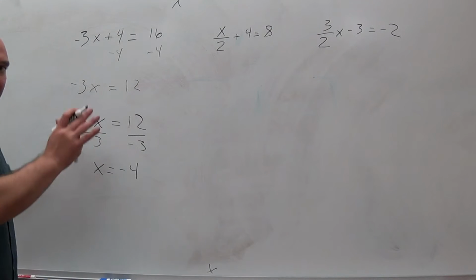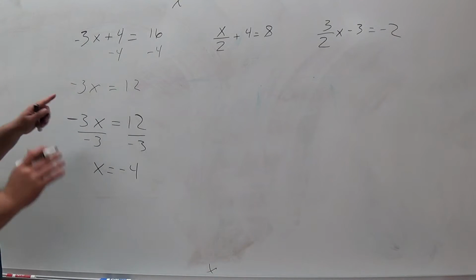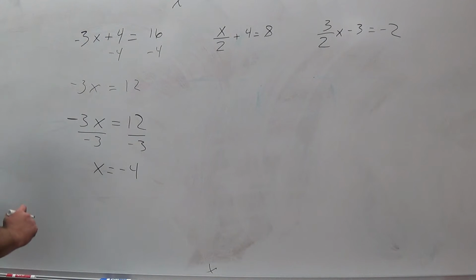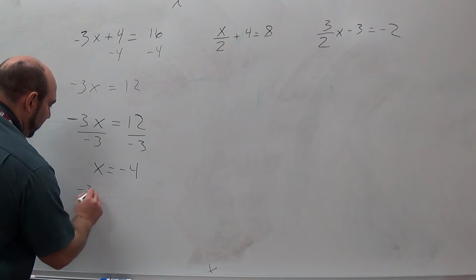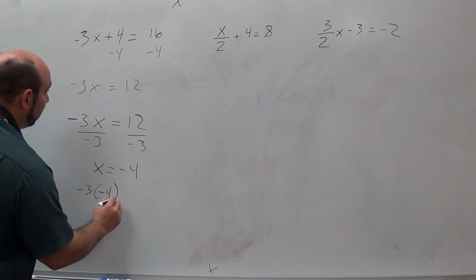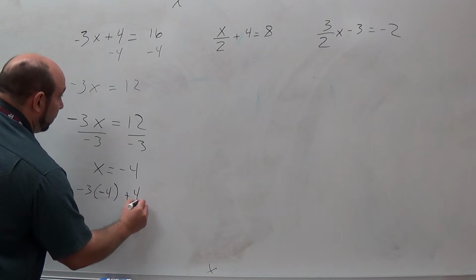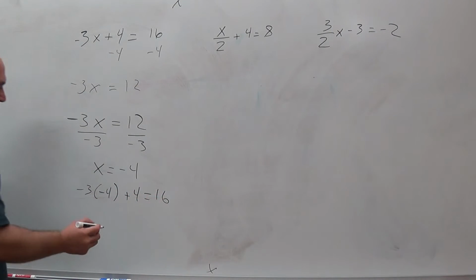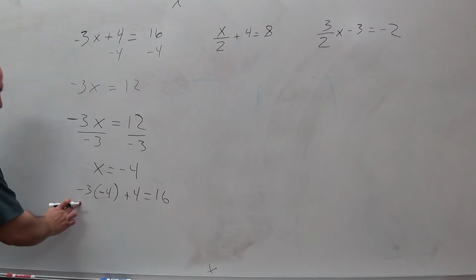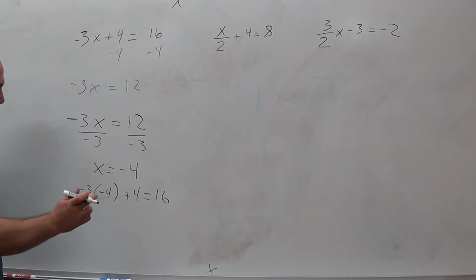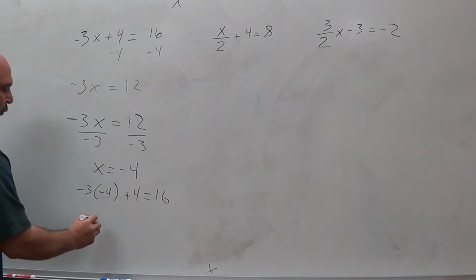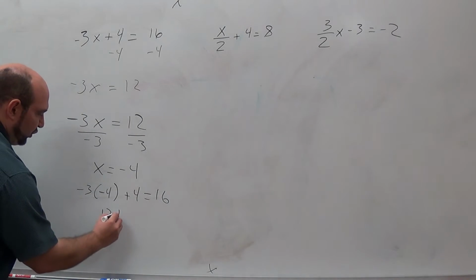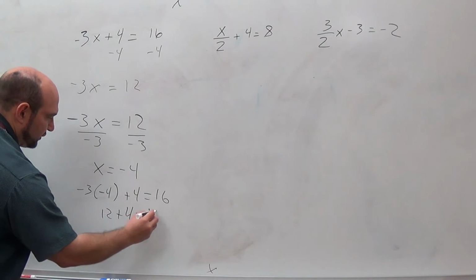And if I wanted to, I could take this and, to check it, I put it right back up into the equation. So negative 3 times negative 4 plus 4 is equal to 16. Well, let's figure this out. A negative times a negative gives me a positive, and we know that negative 3 and negative 4 is going to give me a 12. 12 plus 4 is 16.